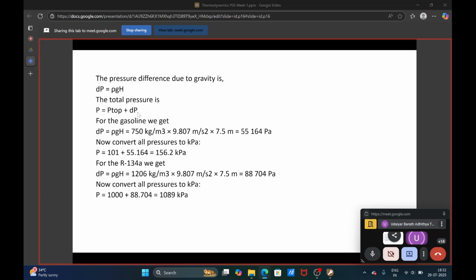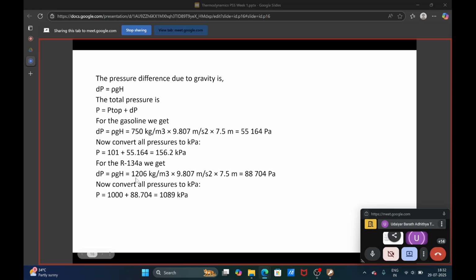Now we need to find the total pressure at the bottom. That is your atmospheric pressure, which is 101 acting at the top, plus your pressure difference of 55.164. So we get 156.2 kilopascal. That is the pressure at the bottom when it is filled with gasoline. The same approach applies for R134A, just that your density is changing here.